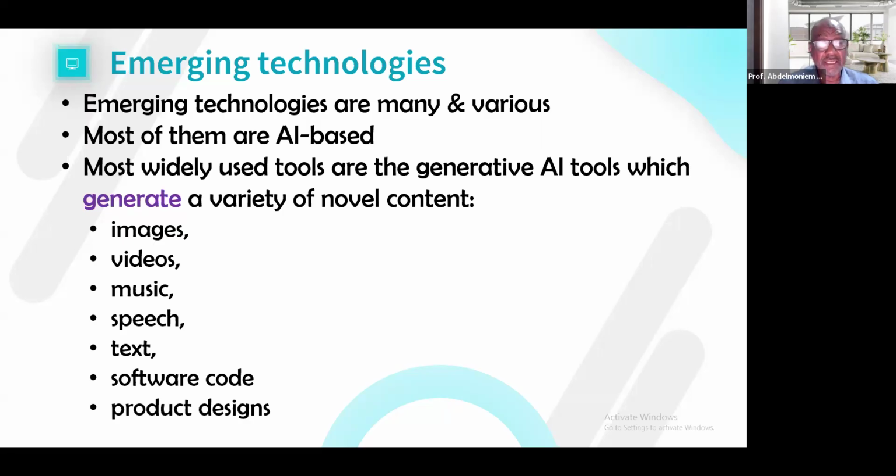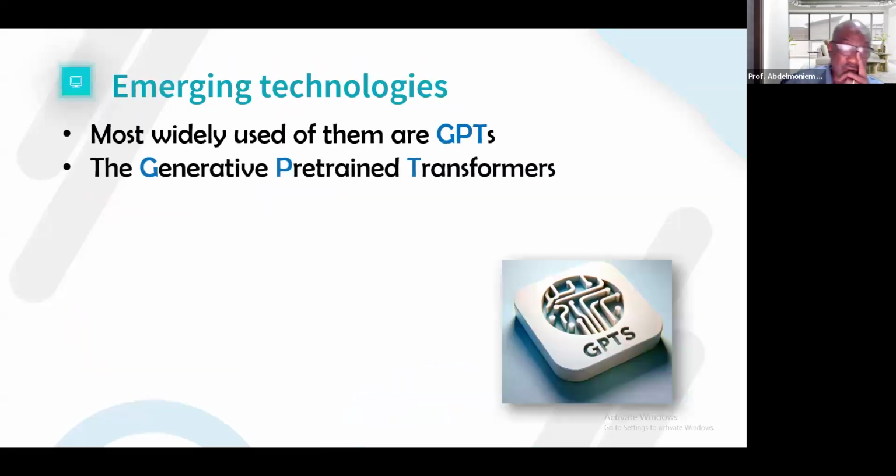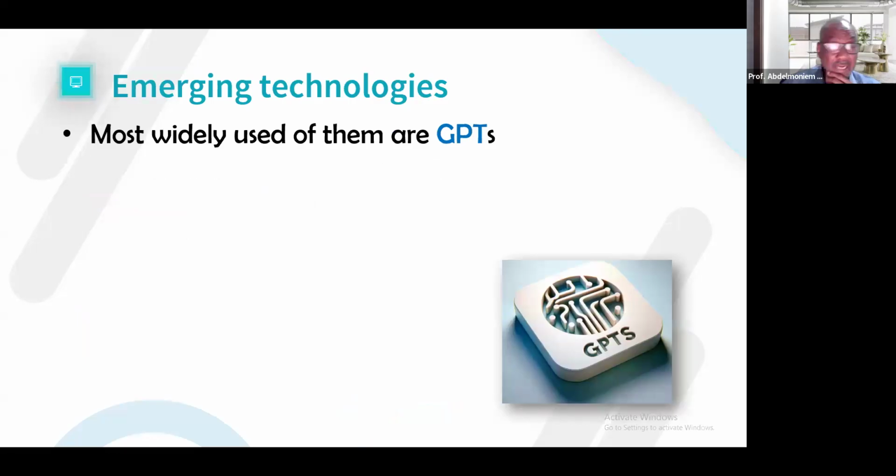But today, we are interested in two, the production of speech and text, because these are the ones we are going to demonstrate for use in research. Most of the widely used generative AI tools are what is known as the GPTs.